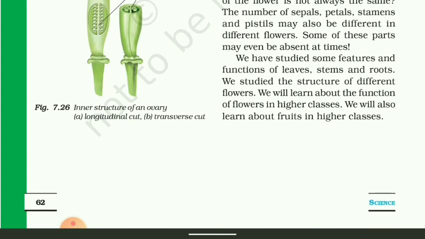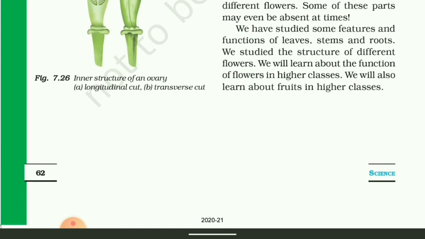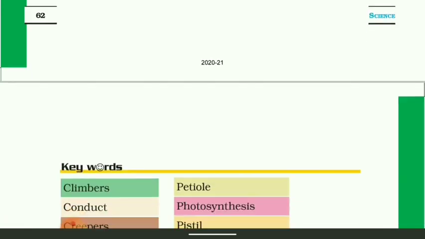We have studied some features and functions of leaves, stems, and roots. We studied the structure of different flowers. We will learn about the function of flowers in higher classes. We will also learn about fruits in higher classes.